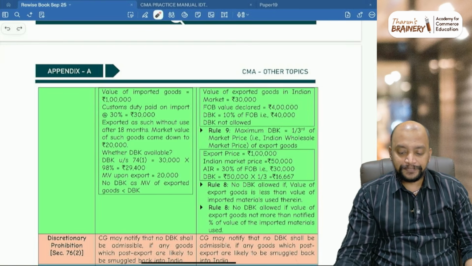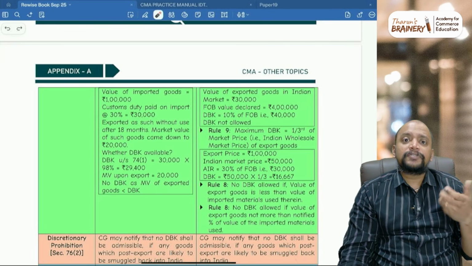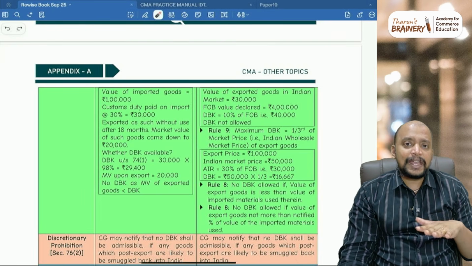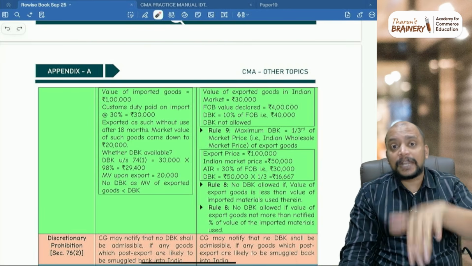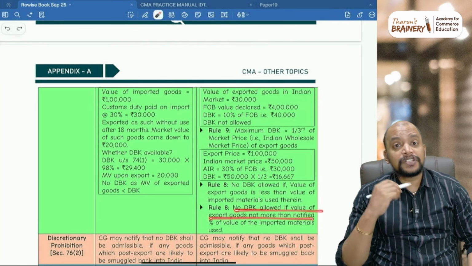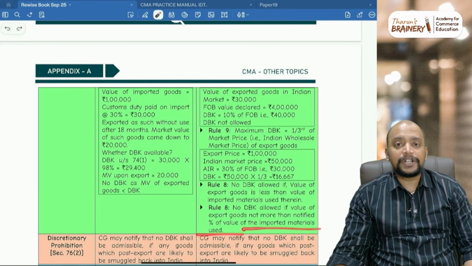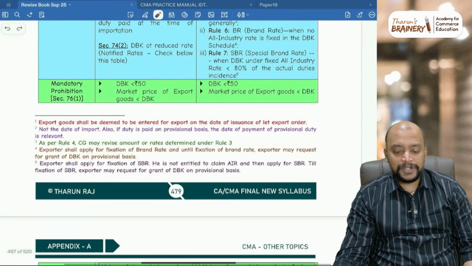So no duty drawback allowed if the value of exported goods is less than the value of imported materials used therein. Then suppose if there is a notified rate, for example 10% is notified, then in that case our FOB value of export should be greater than the 10%. No duty drawback allowed if the value of export goods is not more than the notified percentage of the value of imported materials used. Okay, so these are the prohibitions.